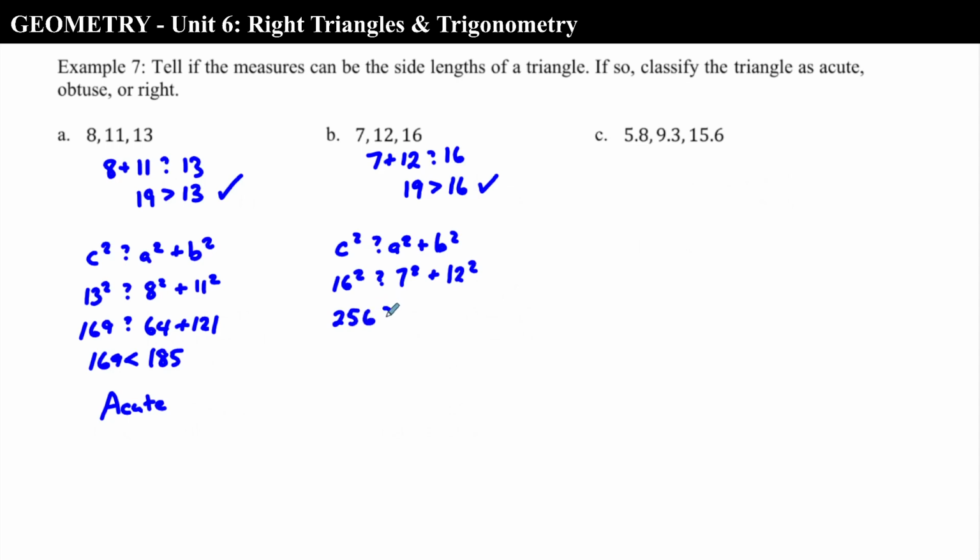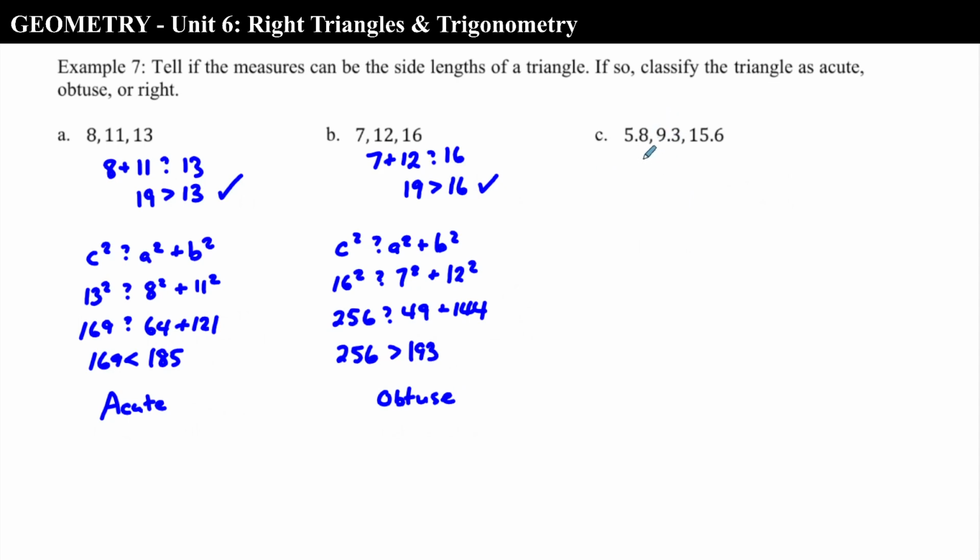We have 49 plus 144. So 256 is going to be greater than 193. So we have an obtuse triangle. Now, if we got straight up equals, then it would be a right triangle.